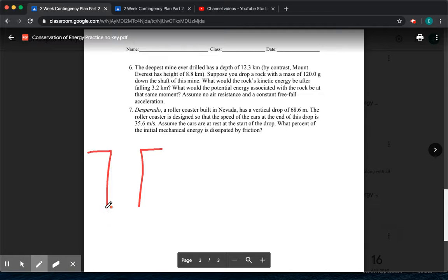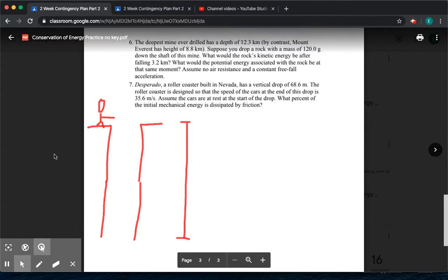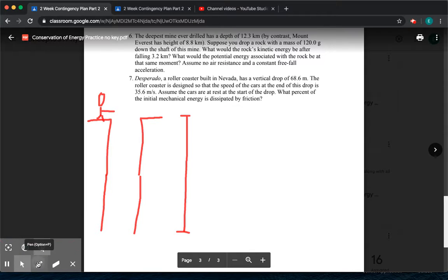Okay, you have a shaft. Okay, and the person, I'm going to say you're standing right here and you have a rock. Okay, and you're dropping the rock. The shaft is a total of 12.3 kilometers, okay?